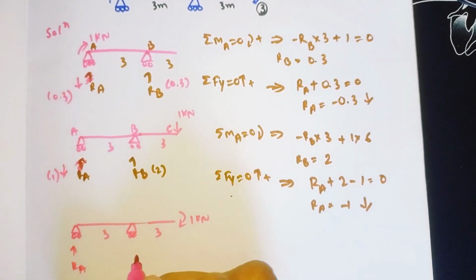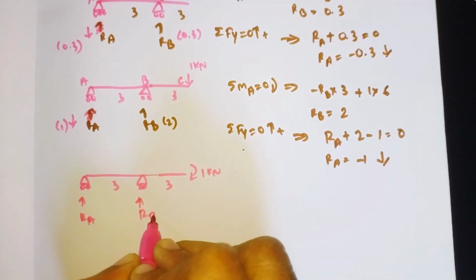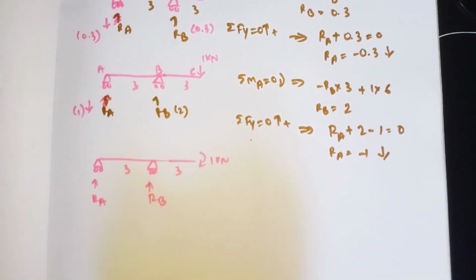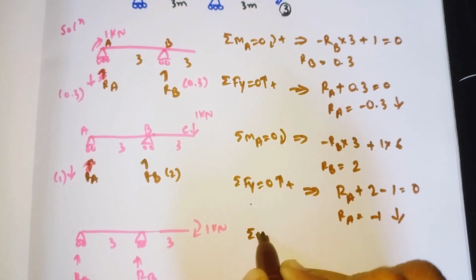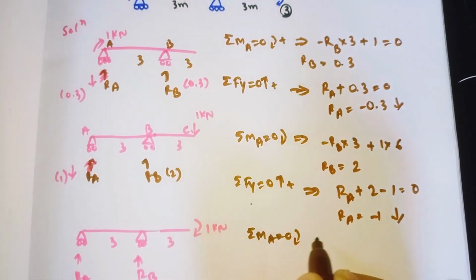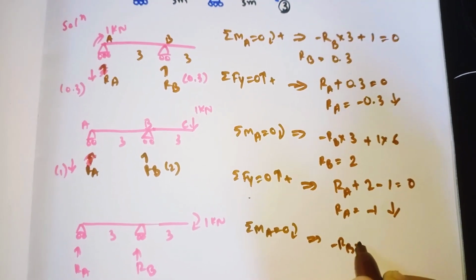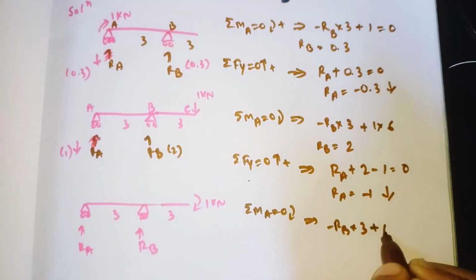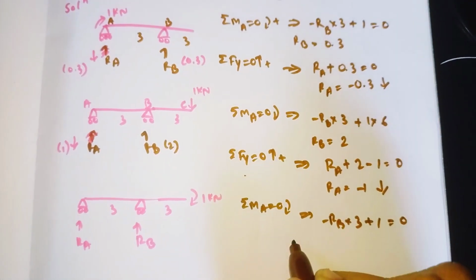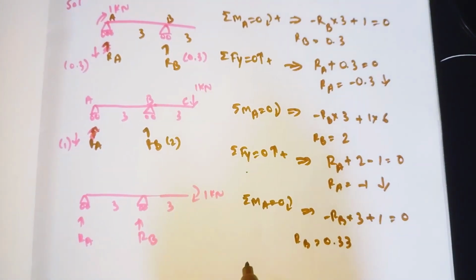Here Ra takes place, here Rb will take place, and so now we will find the reactions. Summation of Ma is equal to 0. Clockwise we take as positive. Here Rb is moving anti-clockwise, so minus Rb into distance 3 meter. Here one unit moment is rotating clockwise. Plus 1 is equal to 0. So now simplify it, our Rb will come out as 0.33.